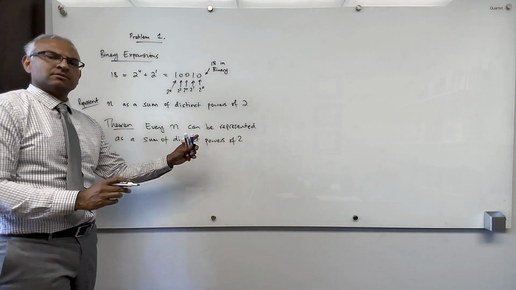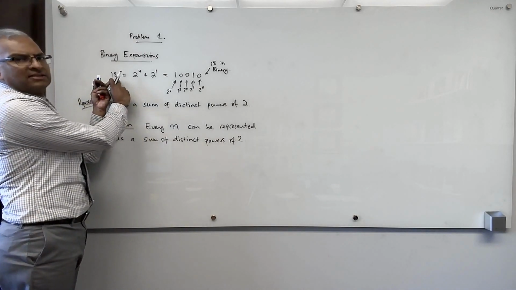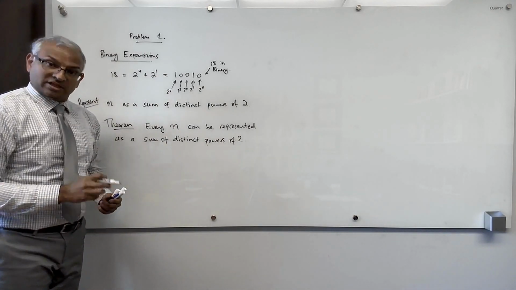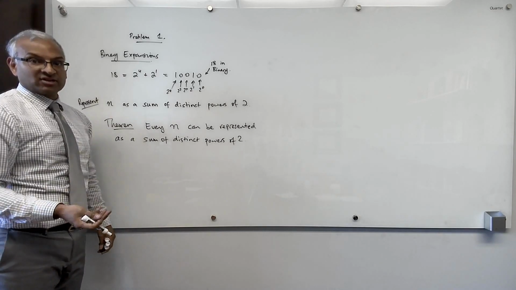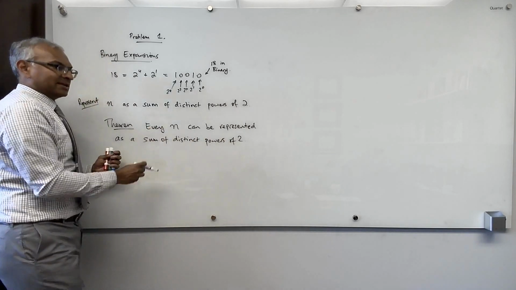In fact, it can be represented in this way uniquely. There's no other way to represent 18 as a sum of distinct powers of 2. So the representation exists for every n, and it's also unique.